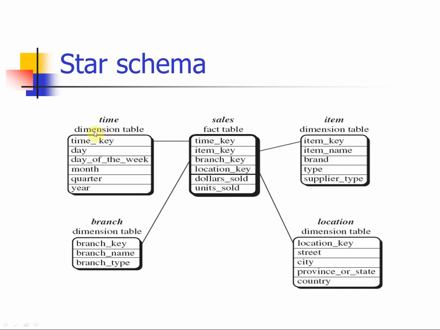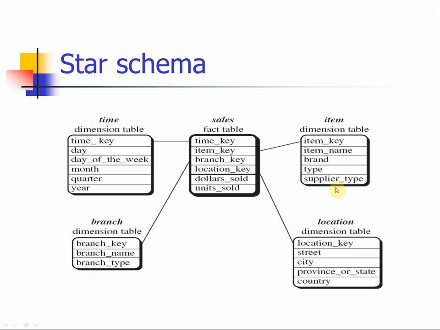So you can define the dimension table over here in terms of time. You can have the key. You can define the day of the week, so that because you define day of the week, weekly information can be retrieved. You have month, quarter, and year in the time dimension. Branch-wise, you can have branch key, branch name, and branch type to define different branches.